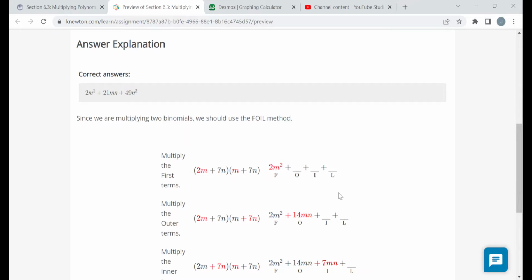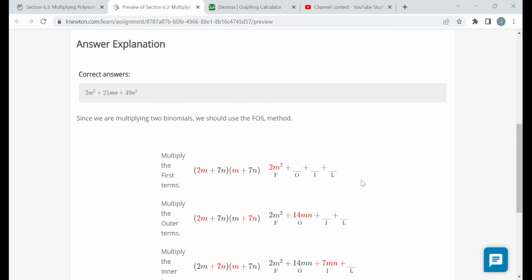Now notice here they're going through this FOIL method. This is only used when you're multiplying two binomials. You do not have to use this method though, as you saw me do. Okay, I'm going to be just going through and doing the same procedure every single time, no matter whether we have two binomials or a binomial and a trinomial, whatever.